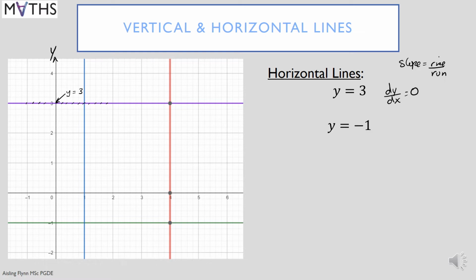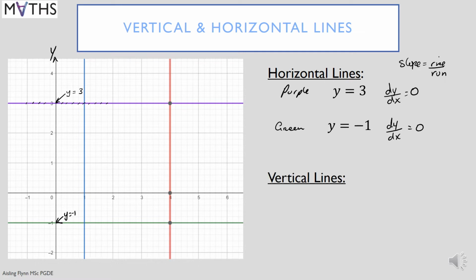The same is true for the next horizontal line. That one is described as y equals minus 1. So look for minus 1 on the y-axis. It's down here. So that describes the green line. And as before, dy dx equals 0, and that's true for every horizontal line, the purple and the green one there.